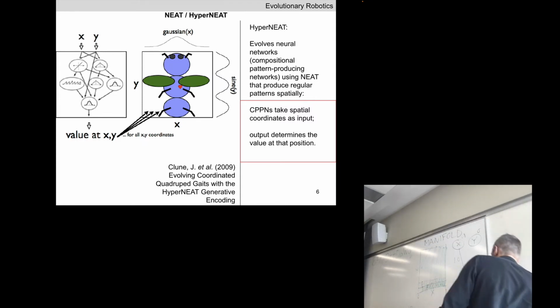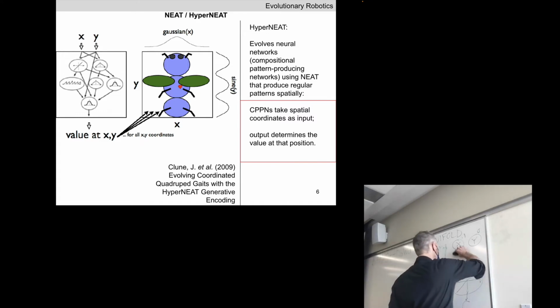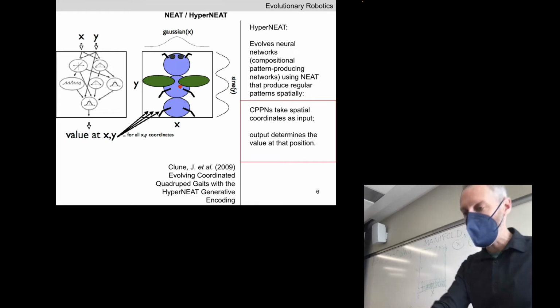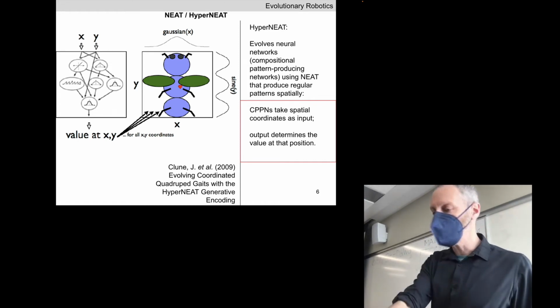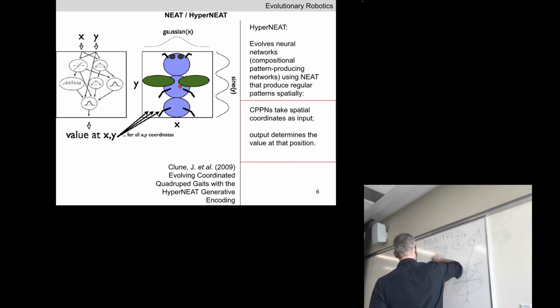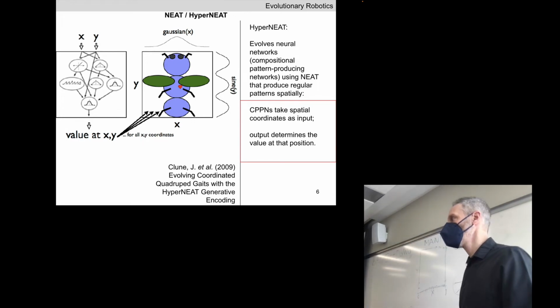Where's my eraser? There it is. Okay, we're going to do exactly the same thing, but we're going to create a different CPPN now. We're going to erase the synapse that connects X to G, and we're going to add a synapse that connects Y to G with the same weight, 1.0. What pattern is this CPPN going to paint inside our square?